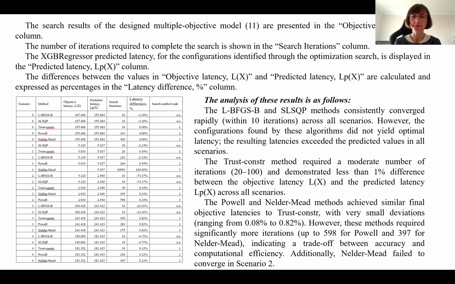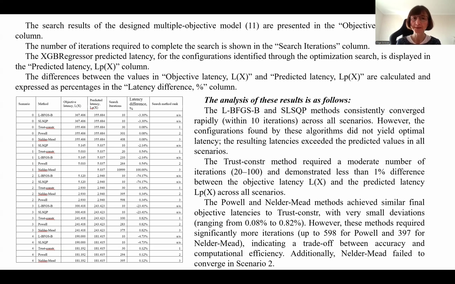Then the result of the optimization search is presented on the current slide in the table, and in the column objective latency is listed the value of latency found by each algorithm for each scenario.